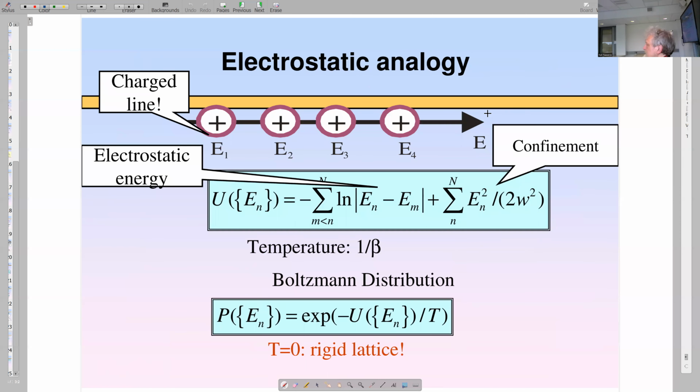If one considers the levels as positions of particles in a one-dimensional space on an axis, the statistics is the same as if these particles are subject to logarithmic interaction, and there are some external confinement potentials.